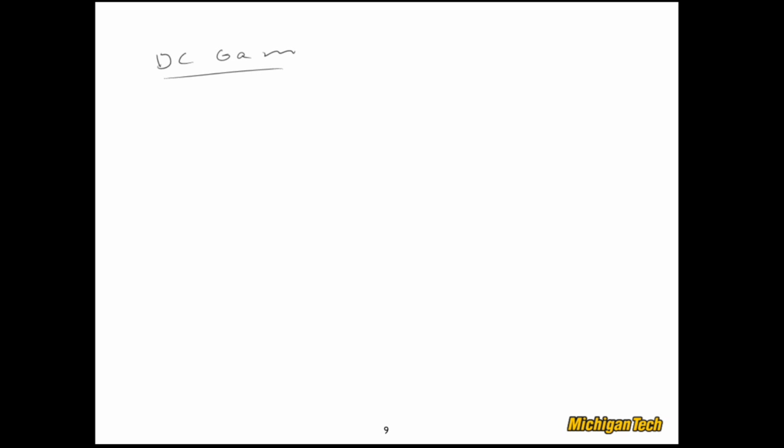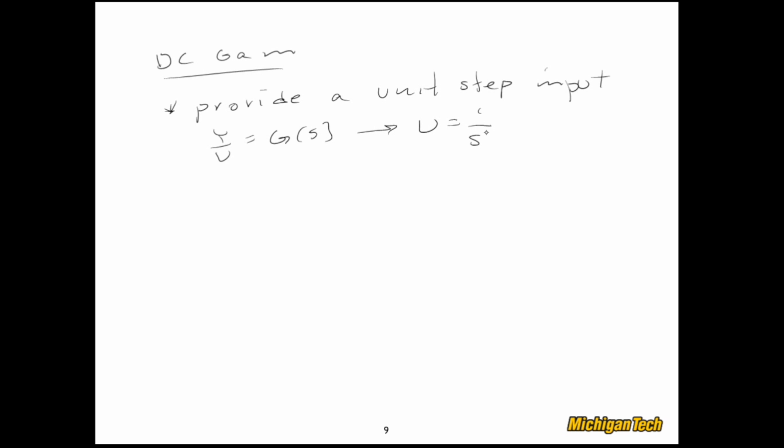A more formal way to think about it is that you provide the system a unit step input. So you have some transfer function, y over u is equal to some g of s, and you let u equal 1 over s. That's exactly what we did in the previous example.